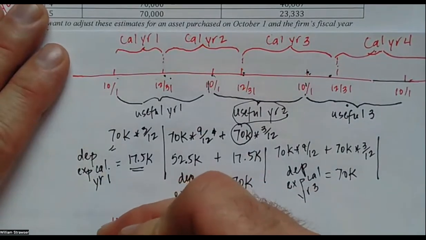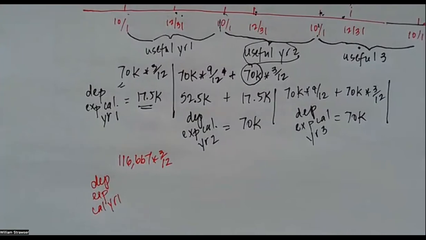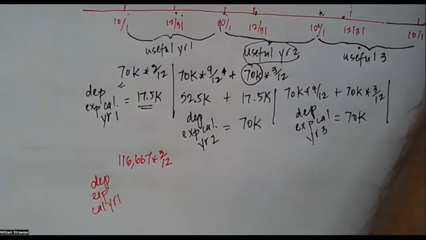So the depreciation expense for calendar year 1 would simply be that amount. So nothing's terribly different yet. We'll see the difference start to pop up in the next year.